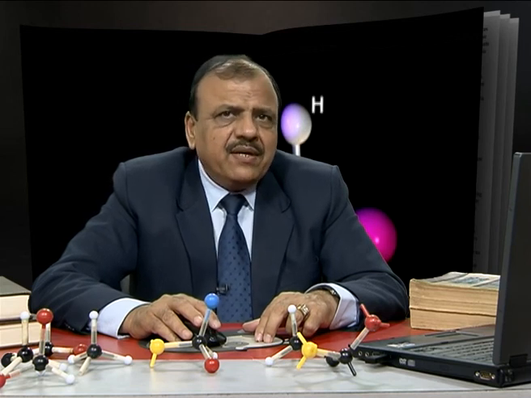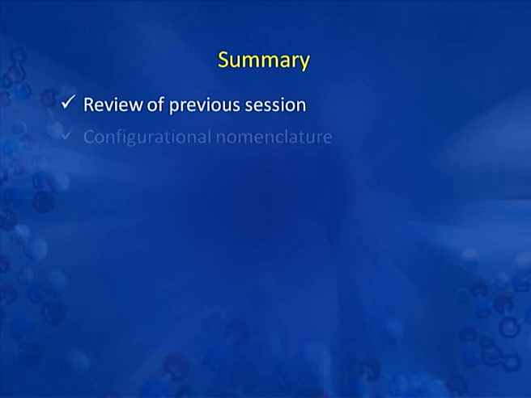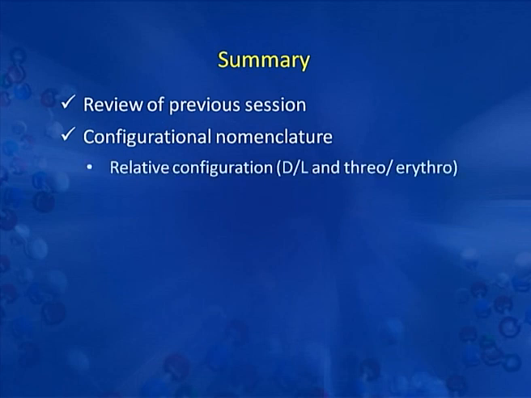Now, let us see what we have done today. In today's session, first we reviewed what we did in our last session about stereochemistry. We discussed that there is a need for the nomenclature of configuration. We discussed that two general methods are used. One of them gives a relative configuration, which is difficult to remember.